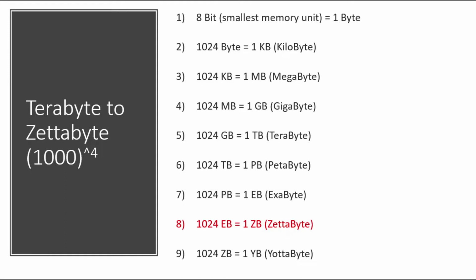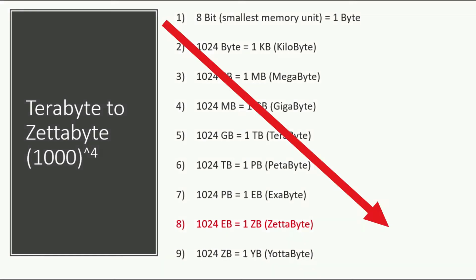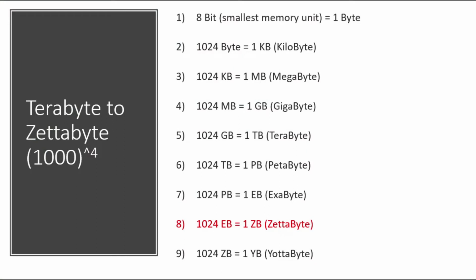The smallest memory unit is called a bit. So 8 bits make 1 byte, and 1024 bytes make 1 kilobyte.